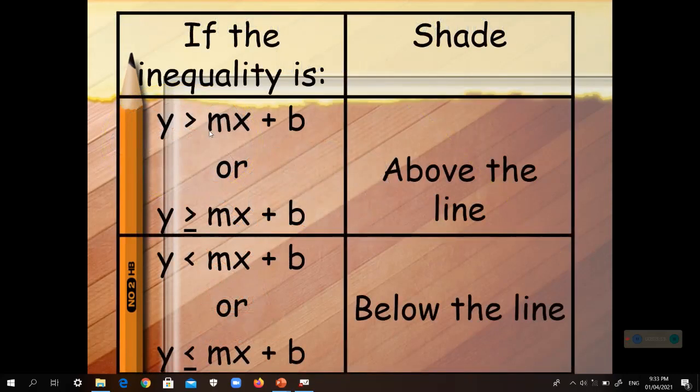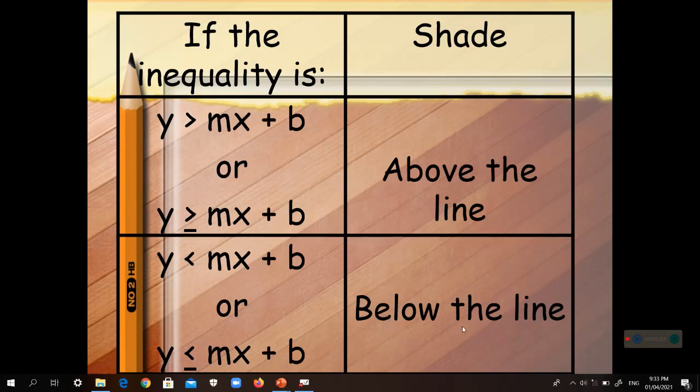Okay. If the inequality is in the form y is greater than mx plus b or y is greater than or equal to mx plus b, you are going to shade the region above the line. But if your inequality is in the form y is less than mx plus b or y is less than or equal to mx plus b, you are going to shade below the line.